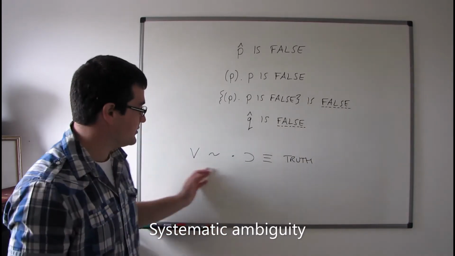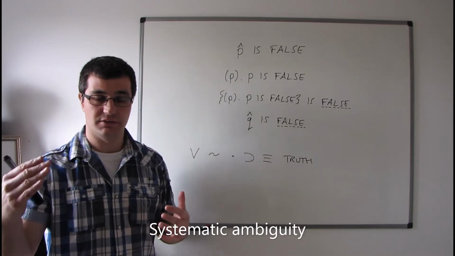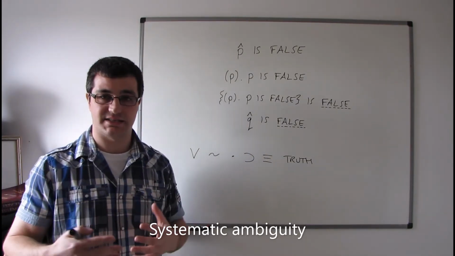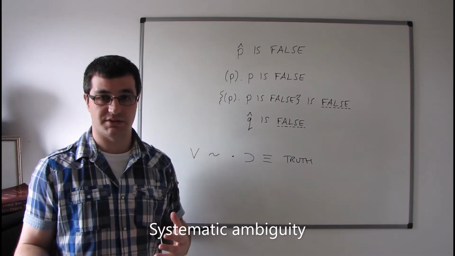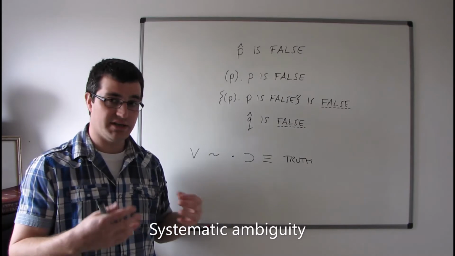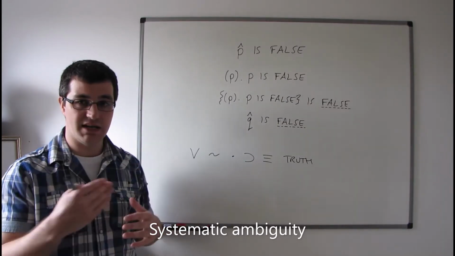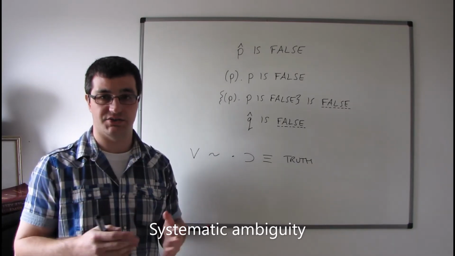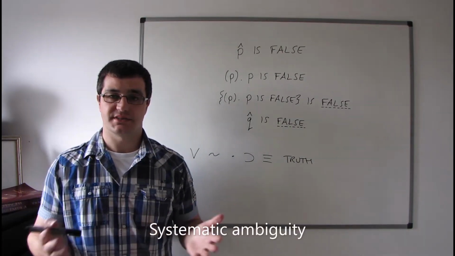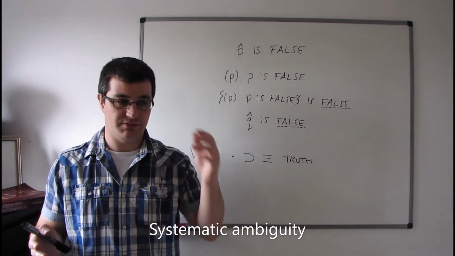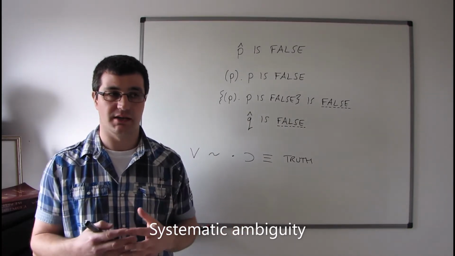Okay. The fact that we use the same symbols at each level means that we've got something called systematic ambiguity involved with these symbols. So systematic ambiguity means that there is a difference in meaning in the symbol depending on whereabouts in the hierarchy it actually is. This using the same symbol to represent different things is not actually too unusual, at least in mathematics.